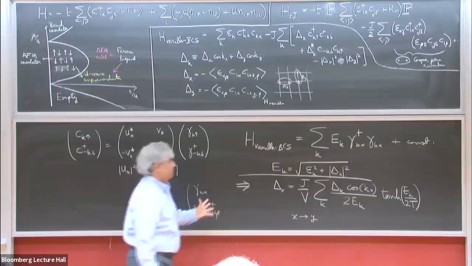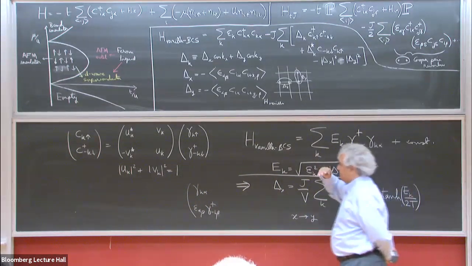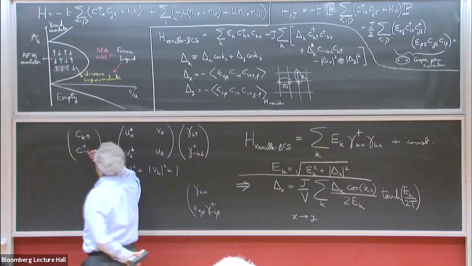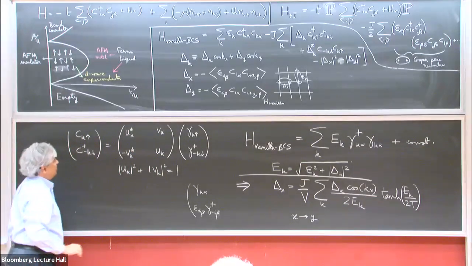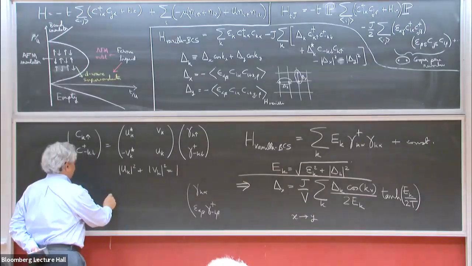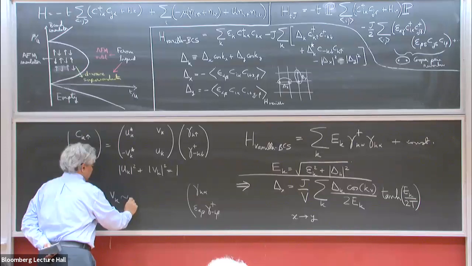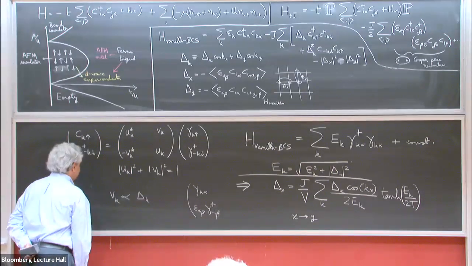Okay, so the gamma particles carry spin a half, but their charge is uncertain because you're mixing together C and C dagger. If you invert this relation, gamma mixes together C and C dagger, but the coefficient involves U of K and V of K. And one of the things you find when you do the computation is that the off-diagonal term V K is proportional to delta K constants.